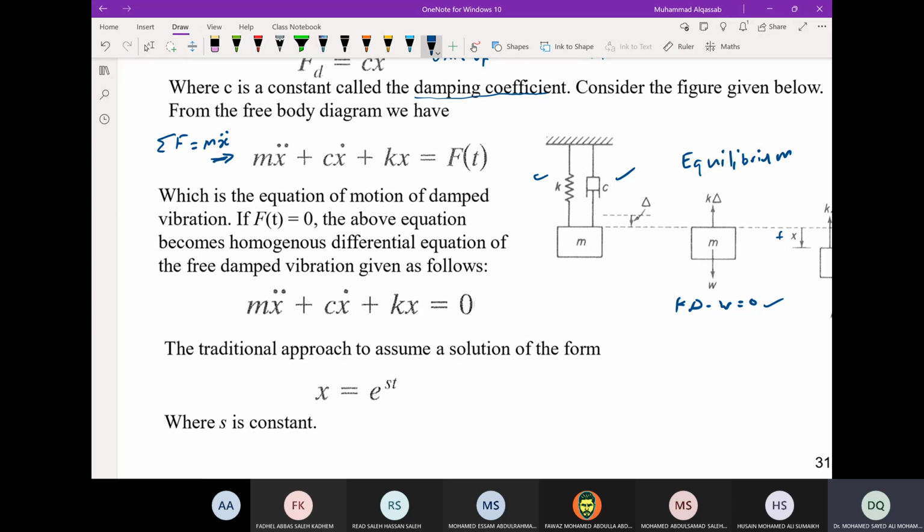We will solve this differential equation now, but we will use the solution again, so we will not solve it again and again because it is the same. It is always m x double dot plus c x dot plus k x equals 0 or equals f of t, where c is either 0 or other positive values. The approach is to assume an exponential solution x equals e to the power st and substitute in the differential equation.